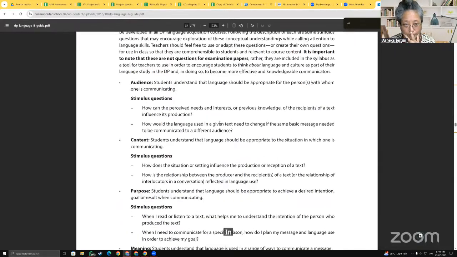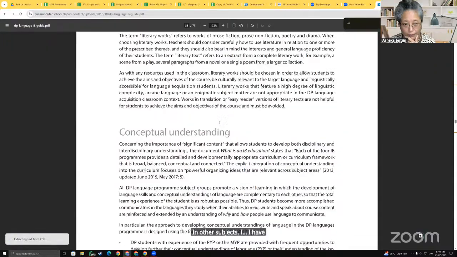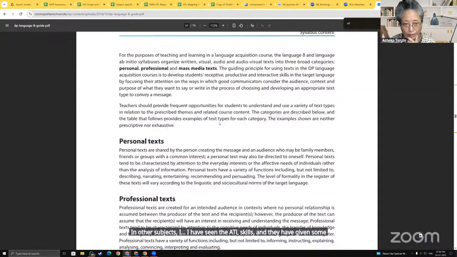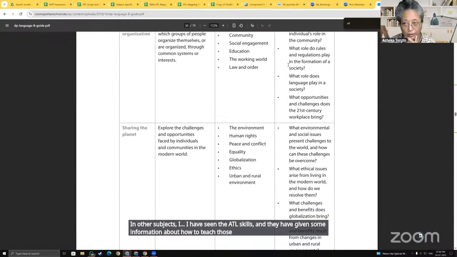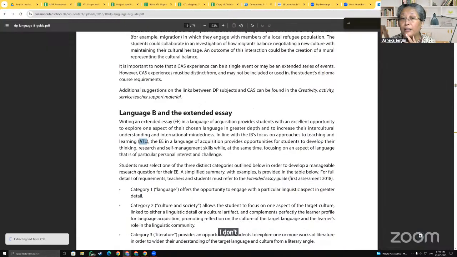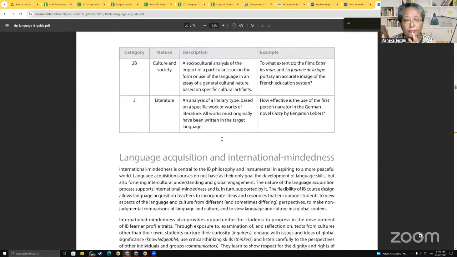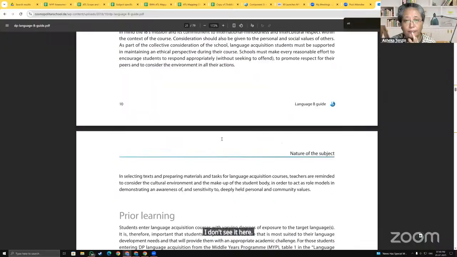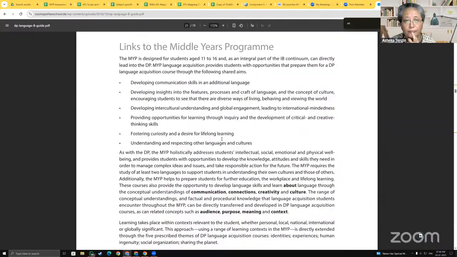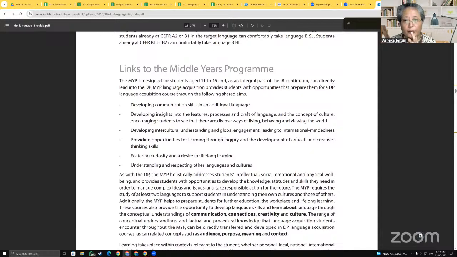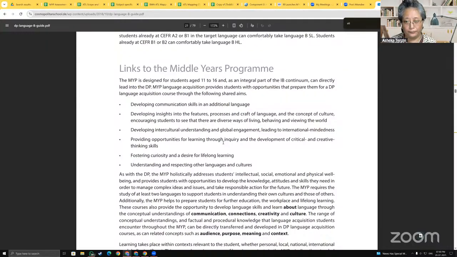In other subjects, I have seen the ATL skills and they have given some information about how to teach those skills. I don't see it here.